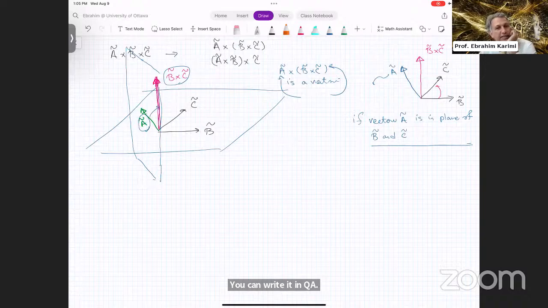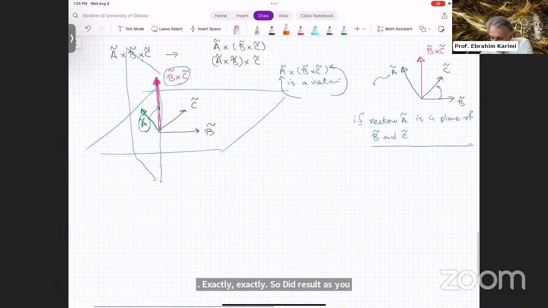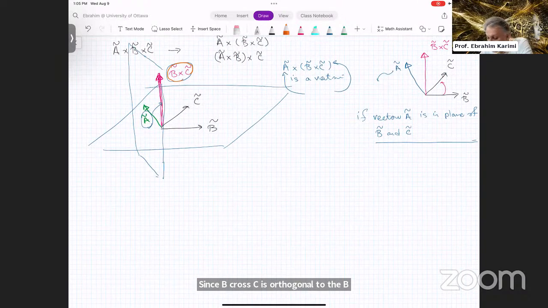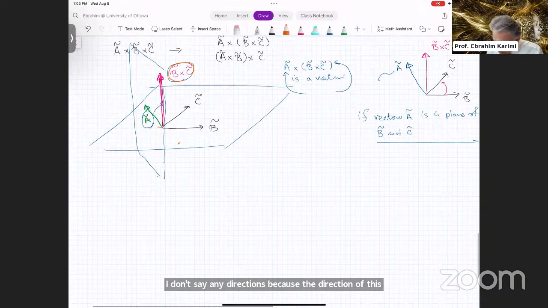BC plane, exactly. As you said correctly, since B cross C is orthogonal to B and C, the only way that A cross B cross C is orthogonal to the two is if the new vector is in that plane. I don't say any direction because the direction should be given in a right-handed way. For example, for this specific case, it should be in this way.